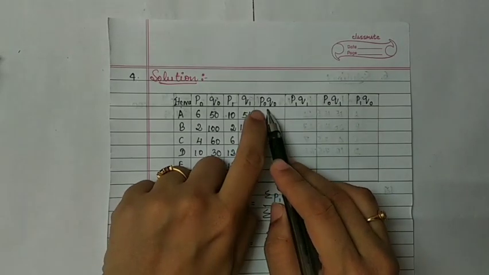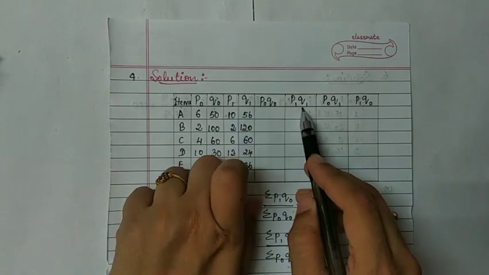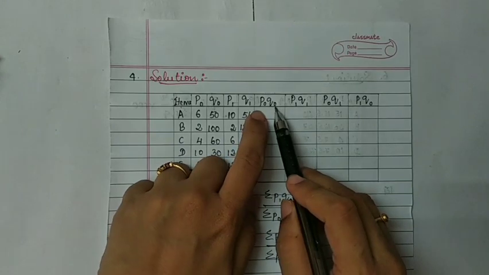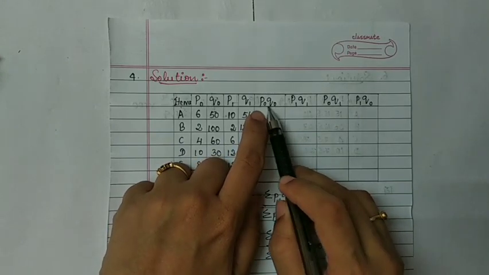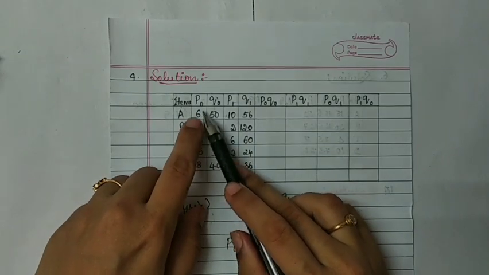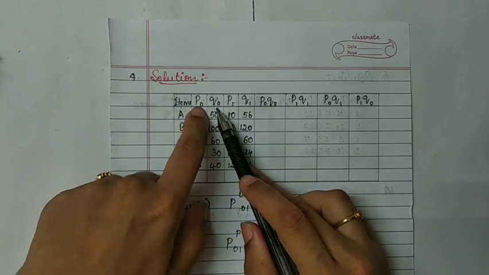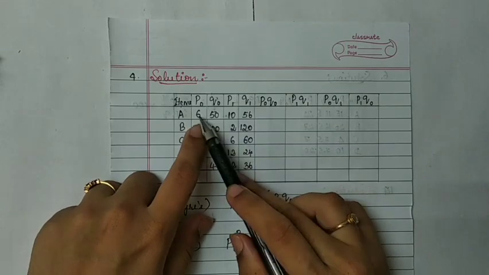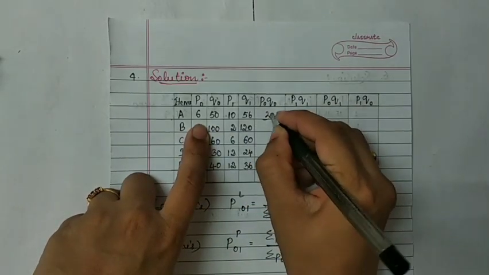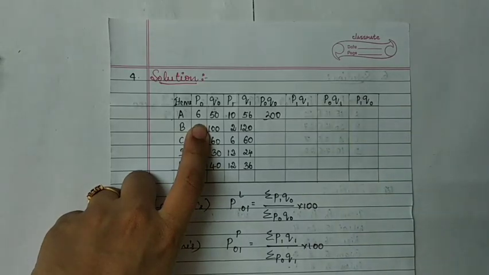First column for P0 Q0, P1 Q1, P0 Q1, P1 Q0. So how to calculate P0 Q0? P0 Q0 is nothing but P0 into Q0. So P0 is this and here is Q0. You have to multiply 6 into 50, that is 300.